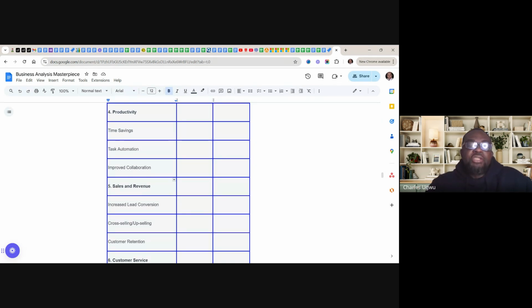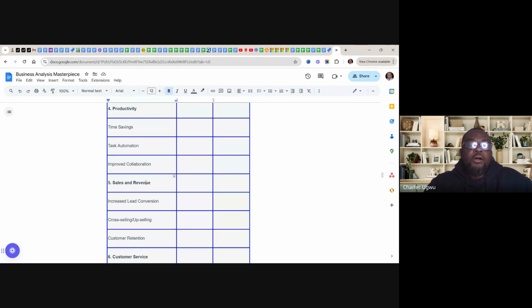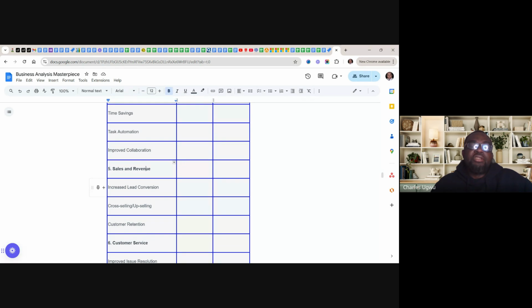In terms of sales and revenue, increased lead generation. This is for if you're implementing a CRM system. You see I captured ERP and CRM here: cross-selling and upselling, customer retention. This is mainly if you are implementing a CRM system.